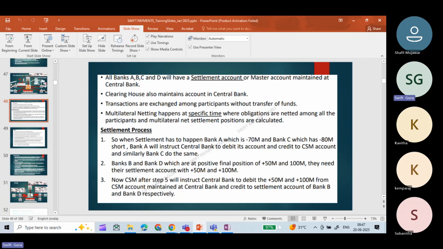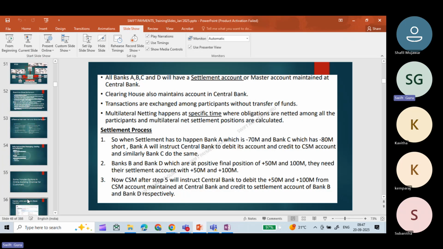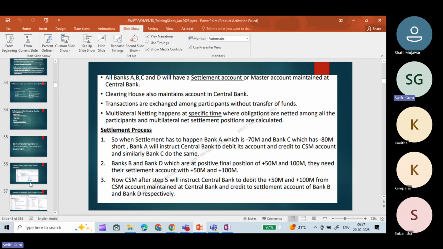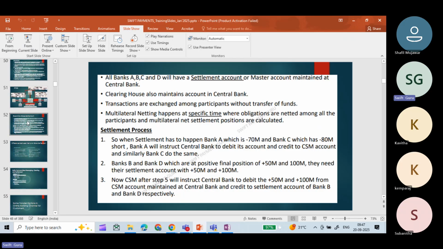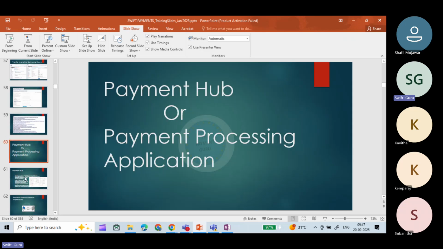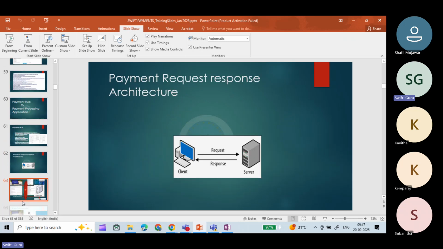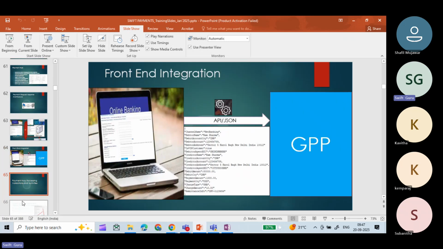I'm just making your base strong, your foundations on the payment side strong, so that once we reach SWIFT payments, you will be able to grasp a lot of things. So in tomorrow's session, we'll learn some more on the basic side. We'll learn about payment engine related capabilities: payment hub, payment processing engine, what it does for outward payment and inward payment, and what the different internal banking applications it interacts with are.